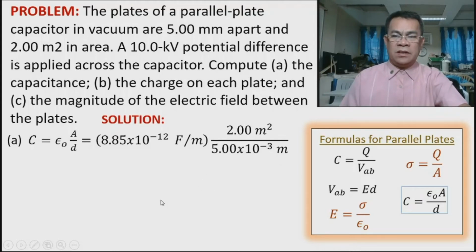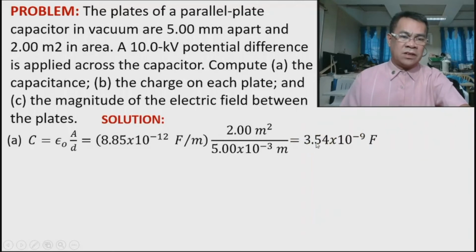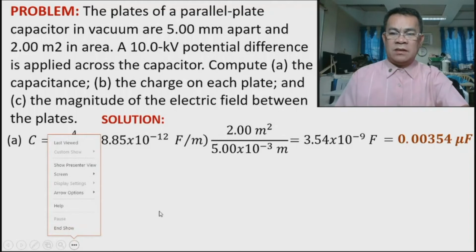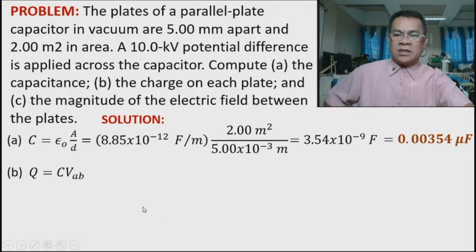Then calculate the value. The result is 5.4 times 10 raised to negative 9, which is equivalent to 0.00354 microfarad.